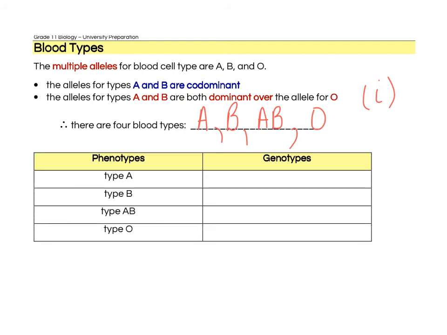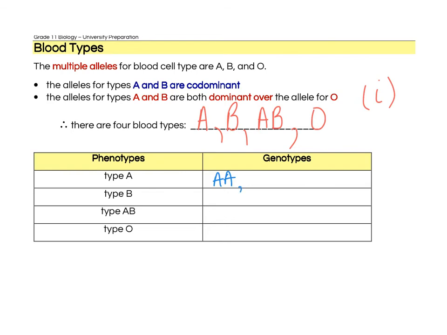Okay, so now that we've talked about what the different blood types are, let's look at what the possible genotypes might be. Again, remembering that A and B are co-dominant and O is recessive relative to the others. So if I look at type A blood, well, I can have the case where I have 2 big A's, and that will result, because A is a dominant allele, in type A blood.